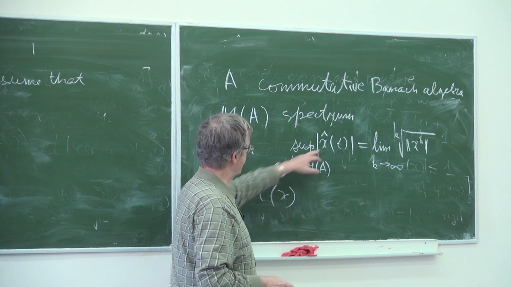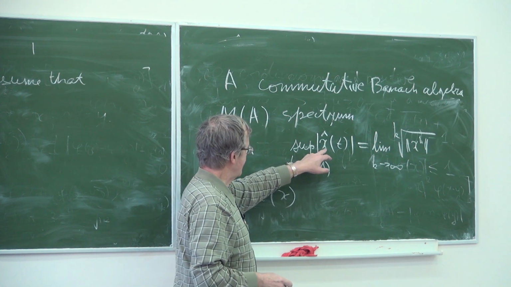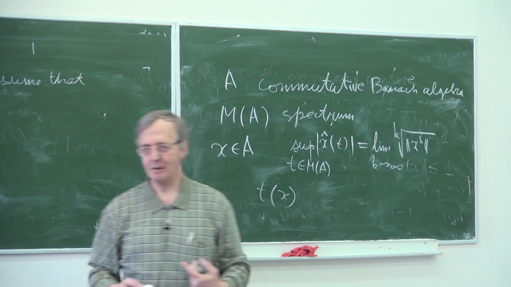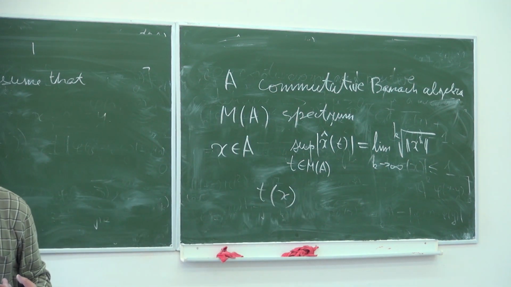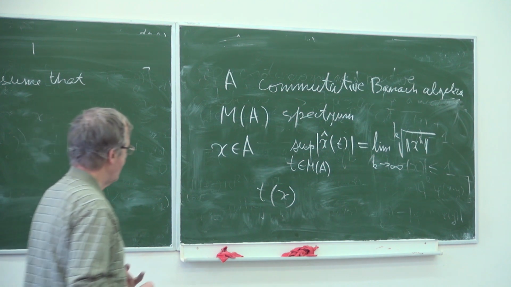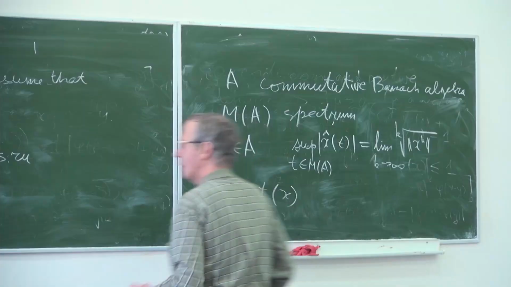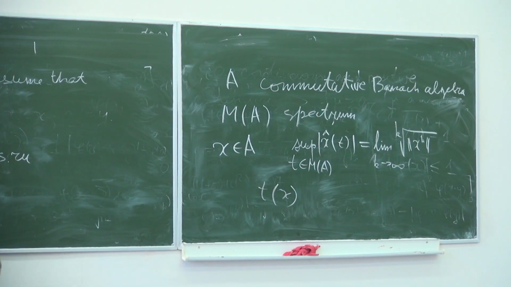So x hat is x treated as a function on this space. In our case, this is precisely the Fourier transform. Now we have this inequality for every function in L1.